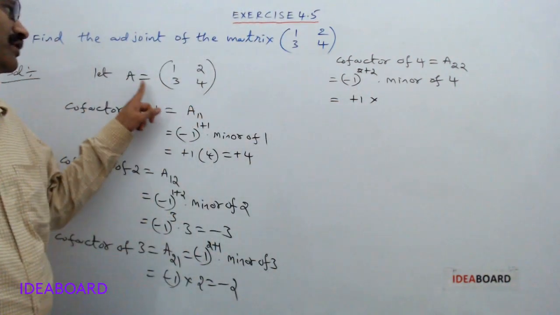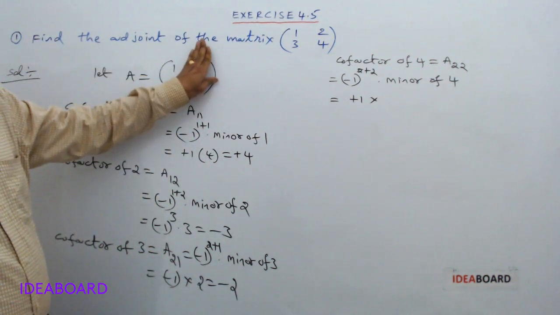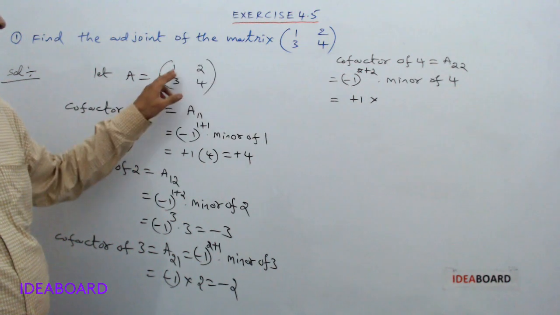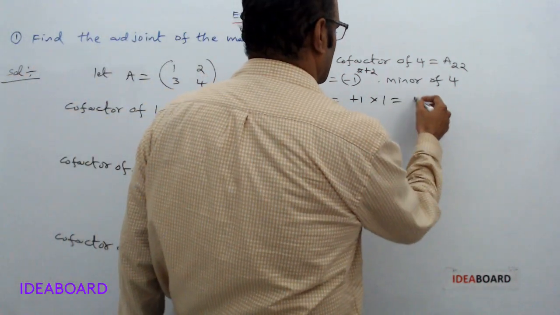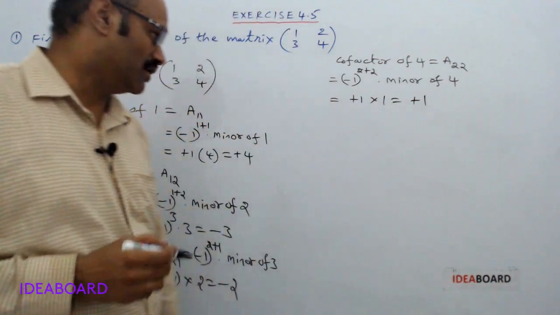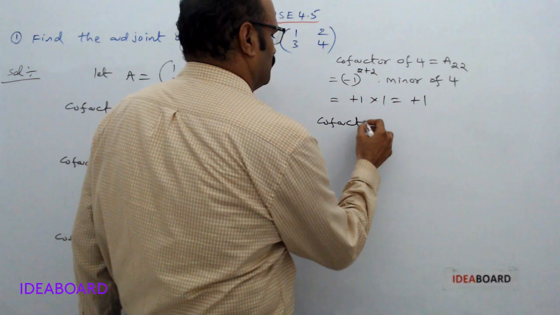The element 4 lies in second row and second column. Close the second row and second column. The remaining element we take in a determinant. Determinant of 1 is always equal to 1 only. So plus 1.